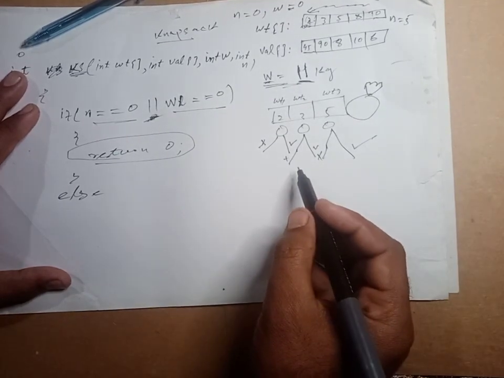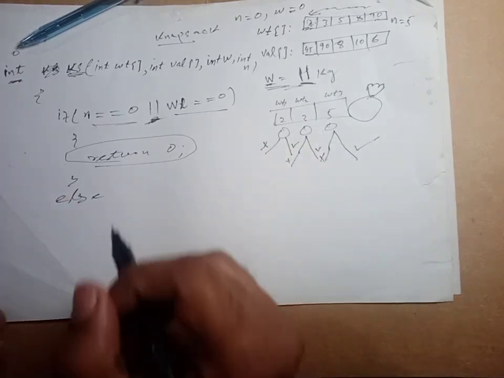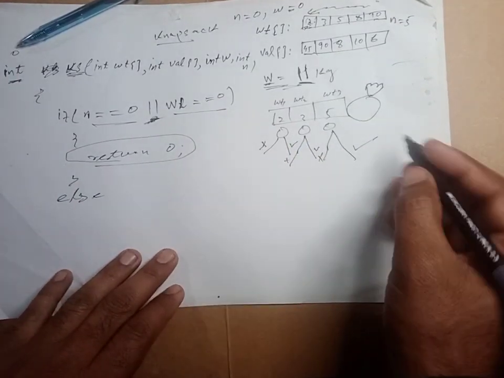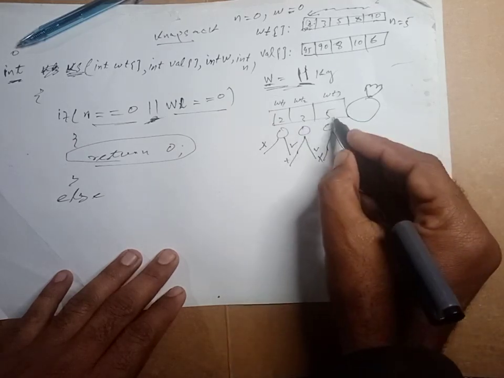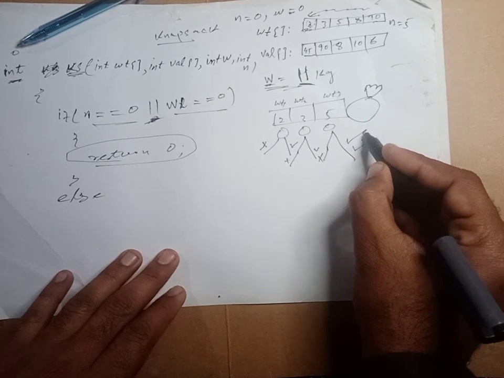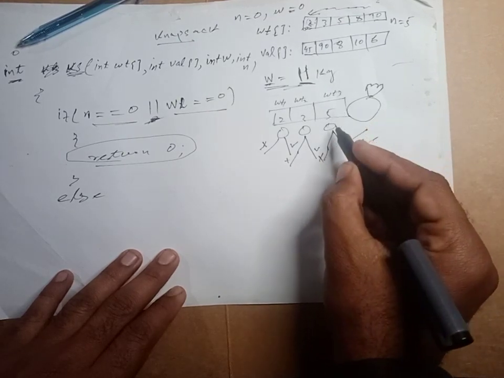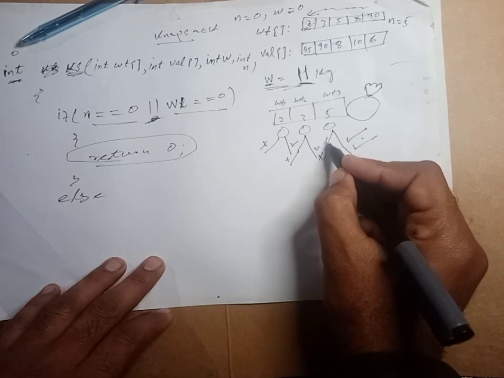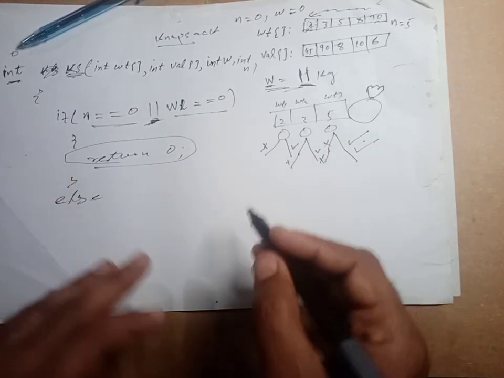So here the decision is made by this choice diagram. For example, either we choose 5, so we selected it, or if there is no possibility to choose it, we don't choose it. This is a choice diagram.